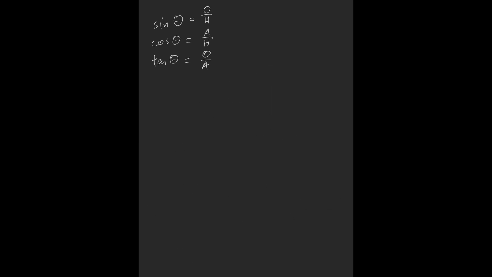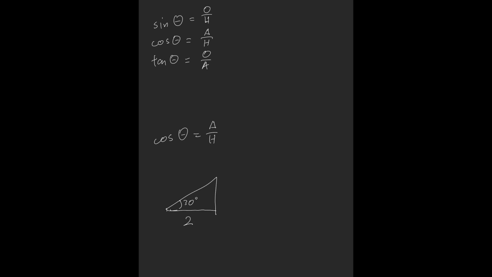Now let's try this with cos. Given cos theta equals a over h, and a triangle that looks just like the last one, but this time we have the adjacent side which is 2. How can we solve for the hypotenuse? Well, we will want to isolate the hypotenuse because we have the degree, which is 30 degrees, and we have the adjacent.